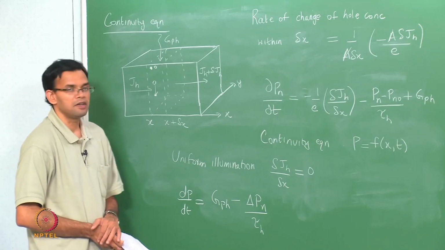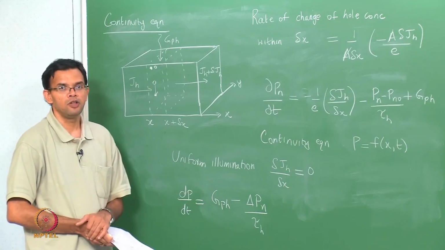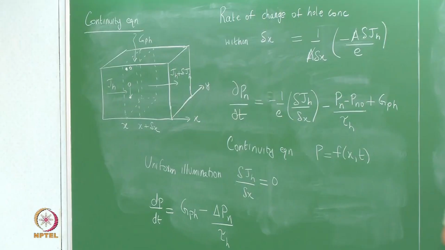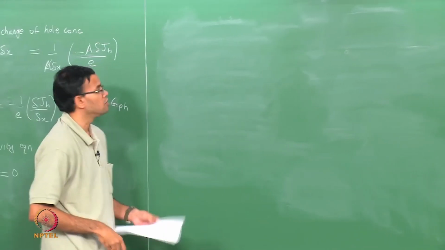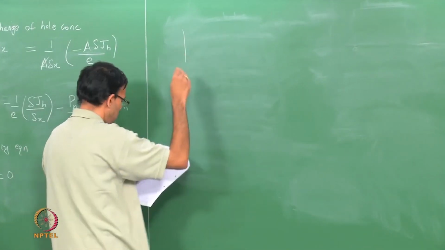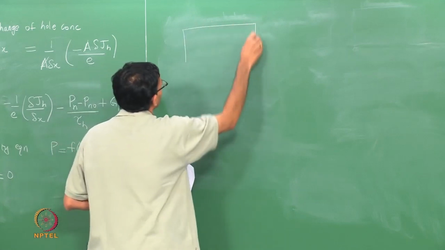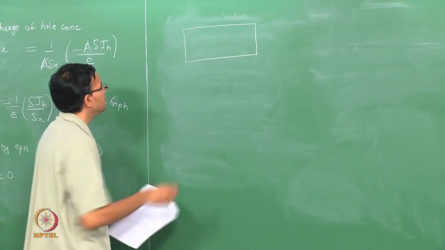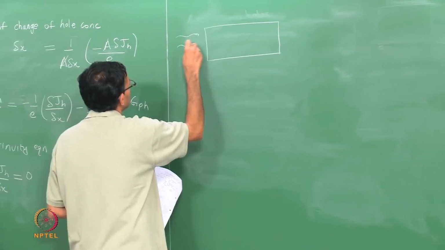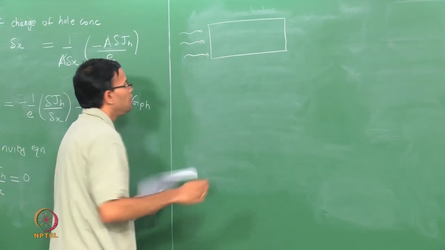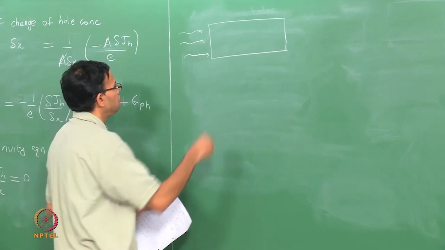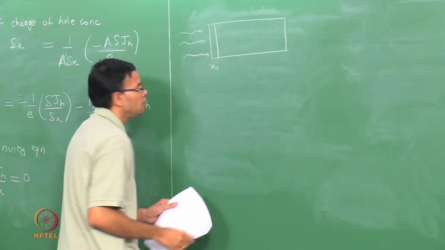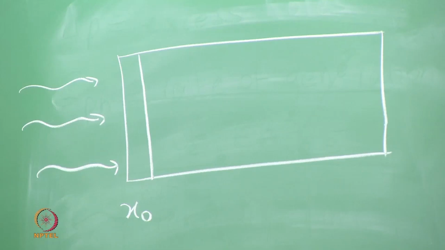So, let us look at another case where instead of uniform illumination you just have illumination at the surface. So, consider the case of a steady state continuity equation where I have an n type semiconductor. I have incident light only on the surface. There is always going to be some absorption. So, I depict a small region of width x naught in which the light is absorbed.